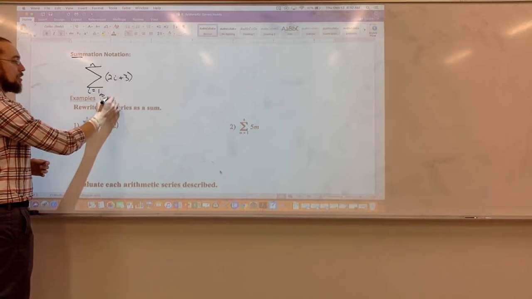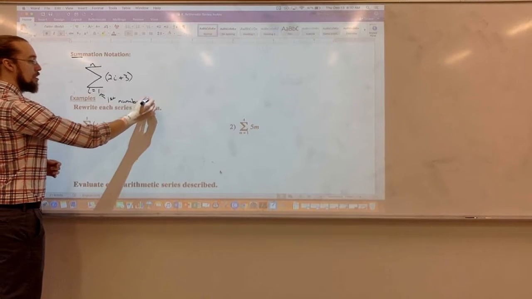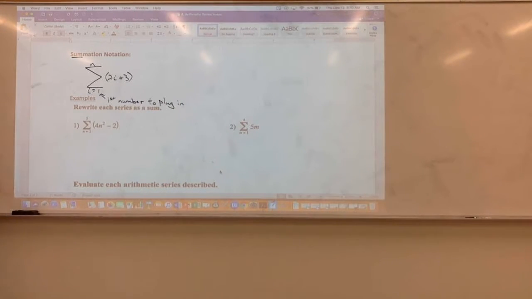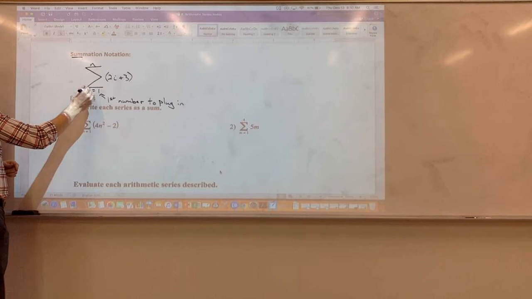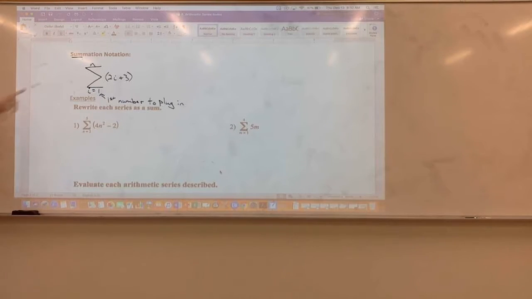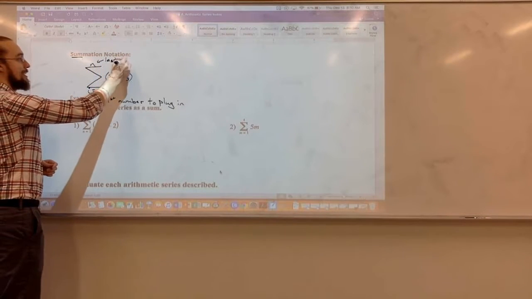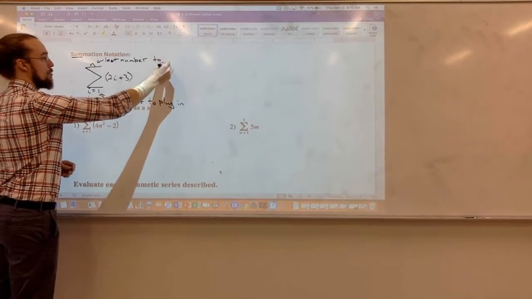So this is the first number to plug in. I equals 1 to n. Whatever number's up top here is the last number to plug in.